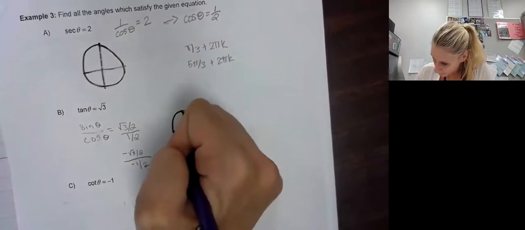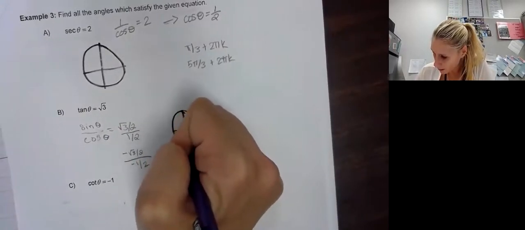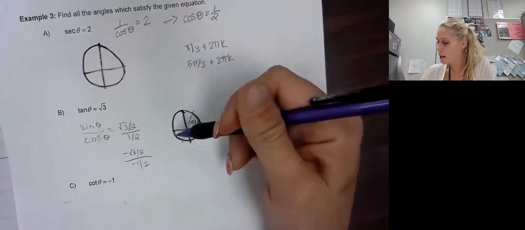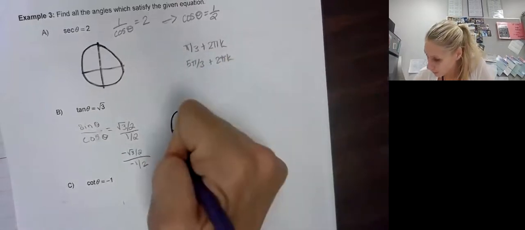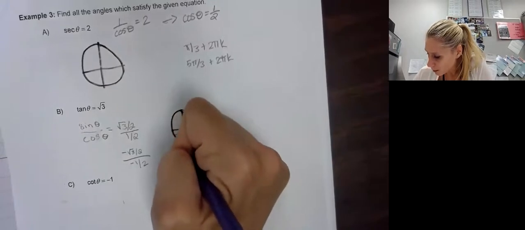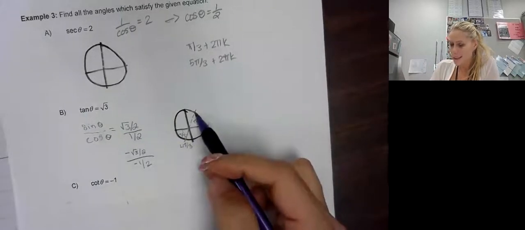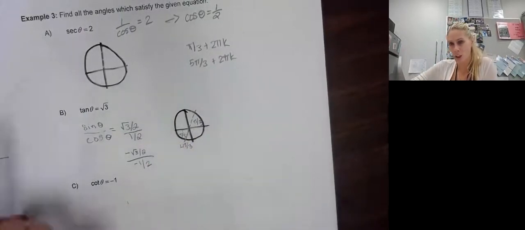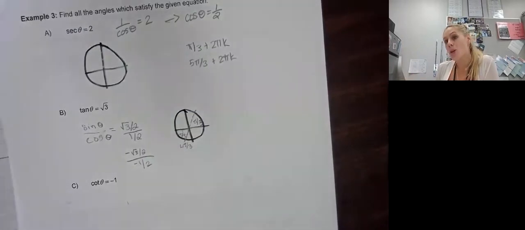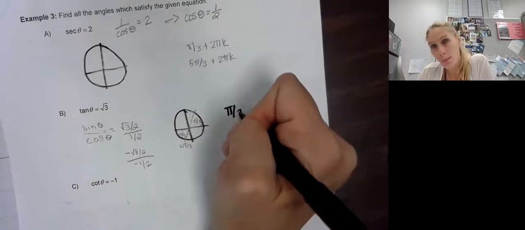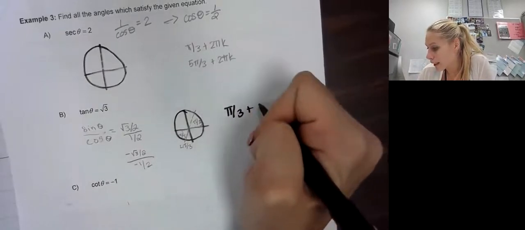And this right here is a reference of pi over 3, which we have to think, if we have pi, which is 3 pi over 3, plus another pi over 3, we have 4 pi over 3. But I want you guys to think about this like what we did in C on the other page. This is that pi, that half a circle. So we don't need 2 equations to hit every coterminal rotation. We just need 1. We could say pi over 3 plus, and again, we're going every pi, okay.